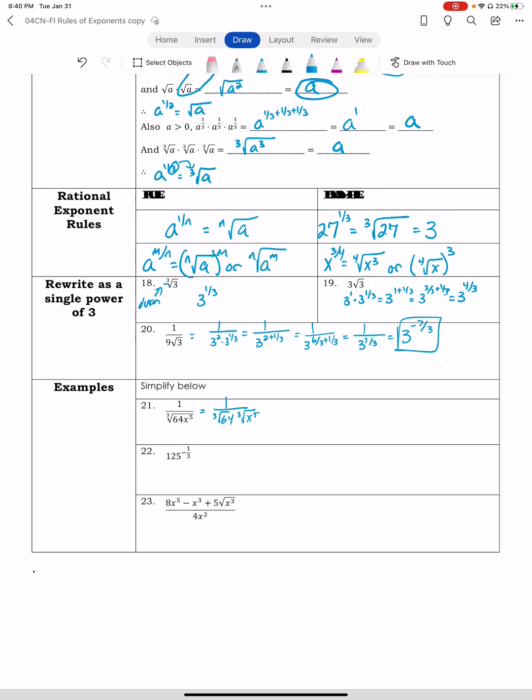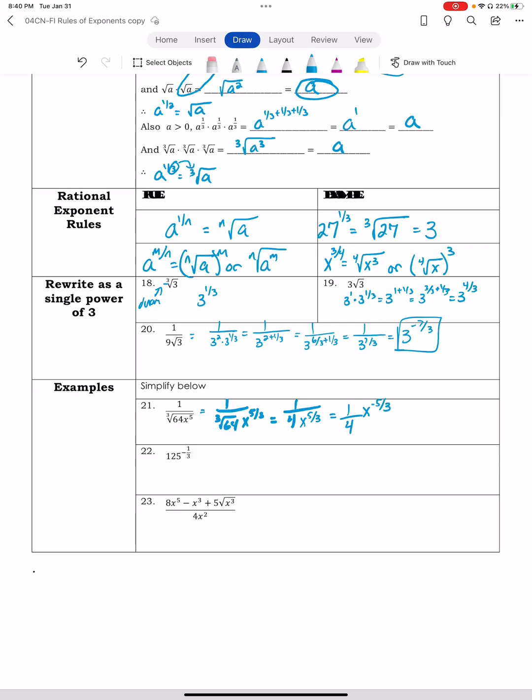Actually, okay, it's the cubed root of 64, and then this is going to be x to the 5/3 power, which is 1 over the cubed root of 64 is 4, and then this is going to be x to the 5/3 power. Okay, and so you could also write this as 1/4 x to the negative 5/3 power.